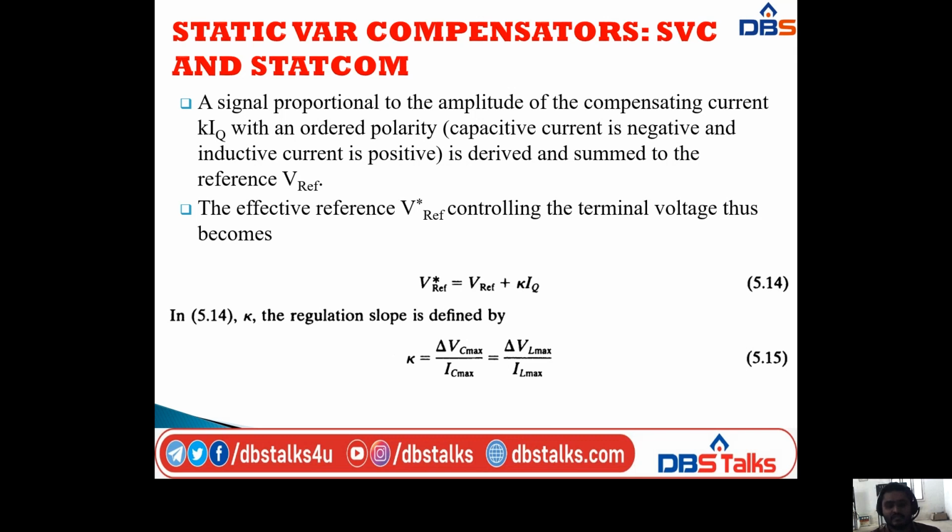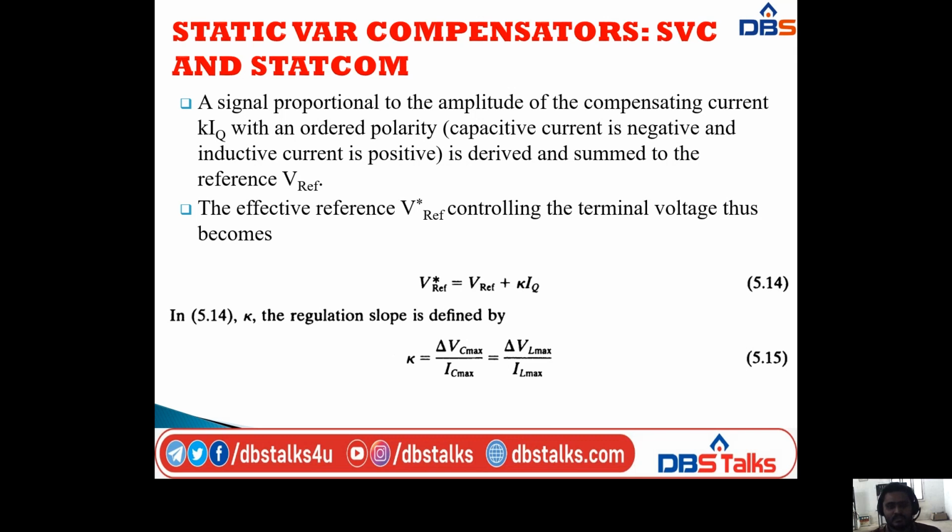This is treated as one equation. In the above equation, K is the regulation slope and is defined as the ratio of the change in capacitor voltage maximum to the capacitor current maximum, which is equal to the change in inductor voltage maximum to the inductor current maximum.